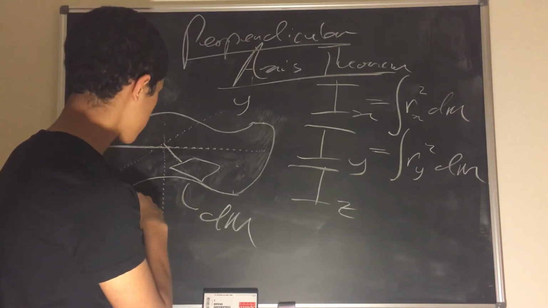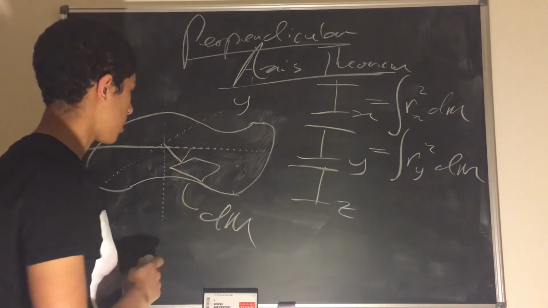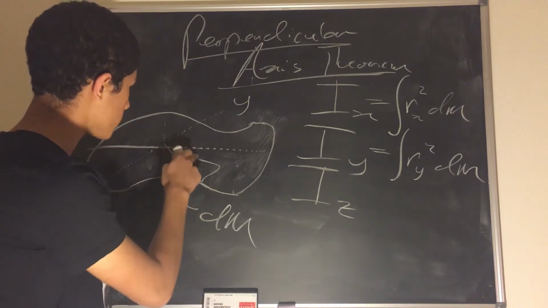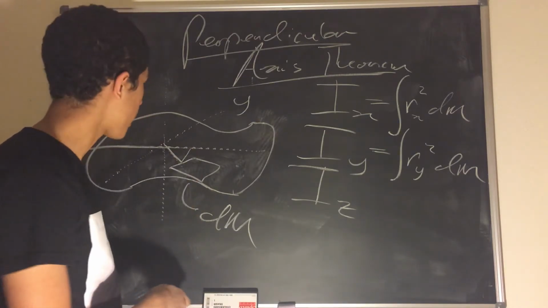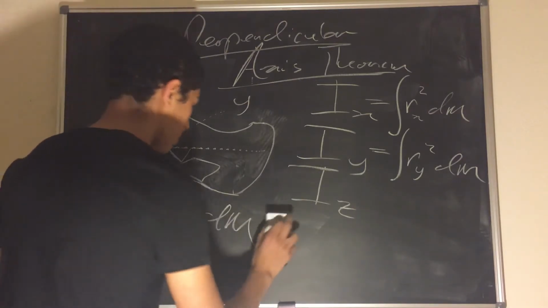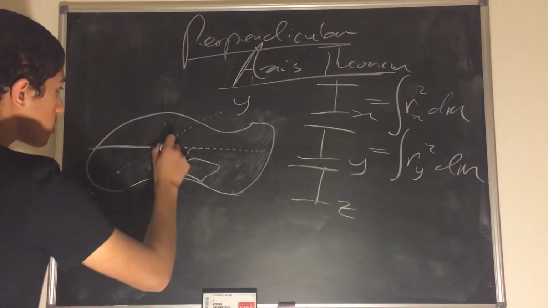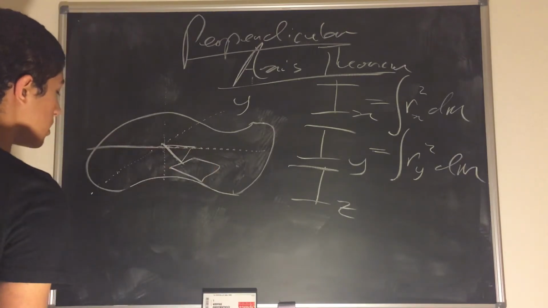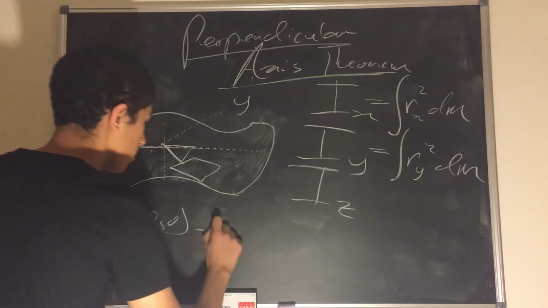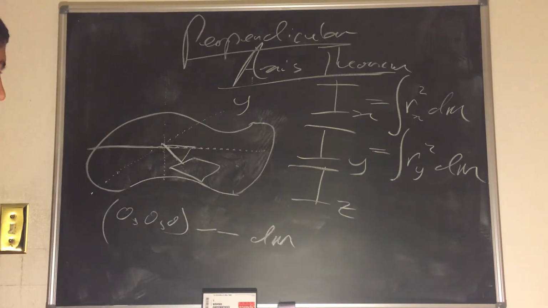So that distance will simply be the square root of the sum of the squares of the x and y components, and that's a mouthful. So let's unpack that a little here. We want to find the distance from 0, 0, 0 to our dm.